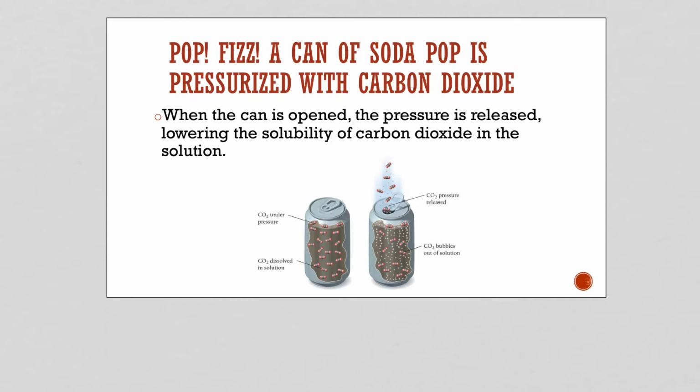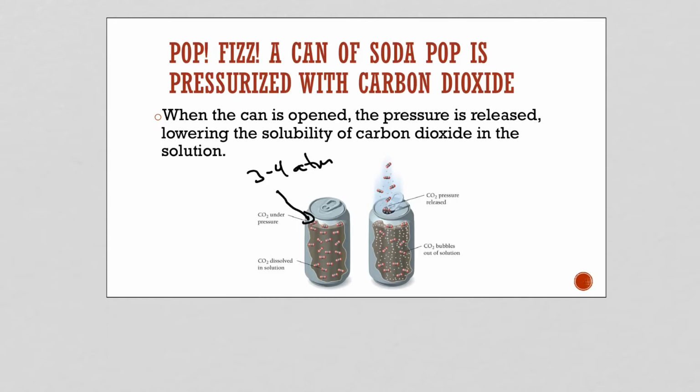When that beverage is packaged, when you buy it from the store, if you try to squeeze the can, you notice it's rigid. That is because it's packaged under a high pressure of CO2, maybe 3 to 4 atmospheres of pressure. And so essentially we've forced a lot of CO2 to dissolve into that carbonated beverage.